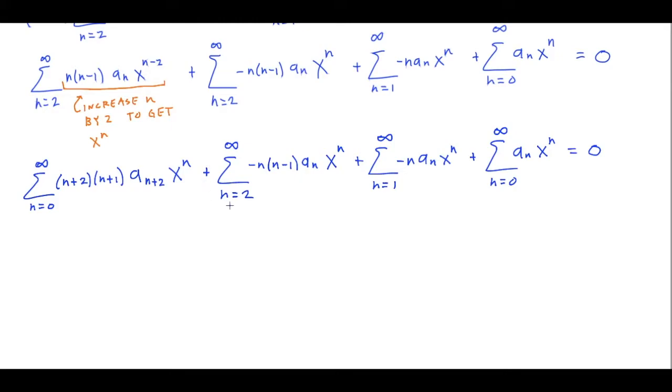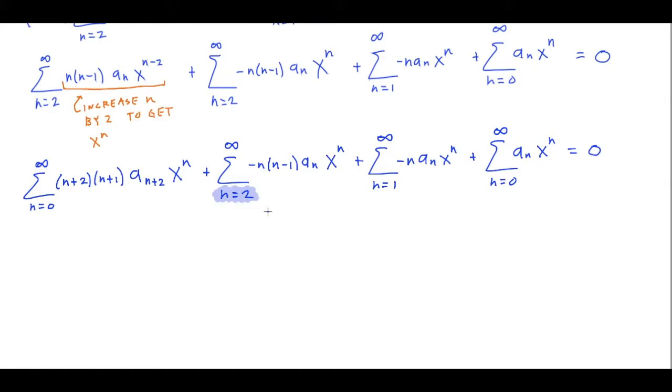This second one starts at n equals 2, and so I need to, what I call, peel off any additional terms in series as necessary so that they will all have the same starting index. I can't decrease a starting index, so I effectively at this point have to look through and identify the highest starting index, which in this case is this n equal to 2.